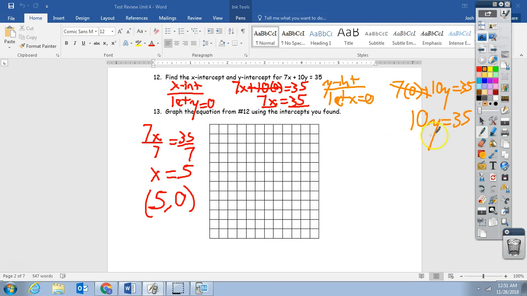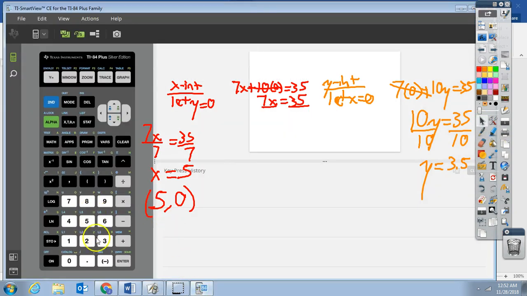Then you divide by 10 on both sides, and that gives me y equals 3.5 as a decimal. That would be 7 over 2 as a fraction. The reason I know that is because I could take out my calculator and do 35 divided by 10.